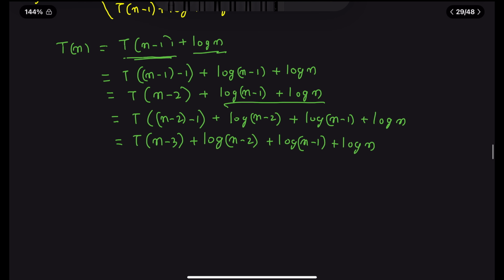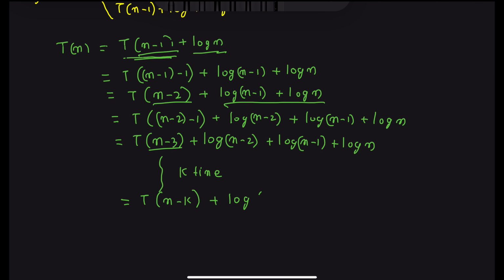Now suppose it runs for k times. So for the first time we have the value n-1, for the second we have n-2, for the third we have n-3. So if it runs k times, then we will have n-k here, and these will also change.